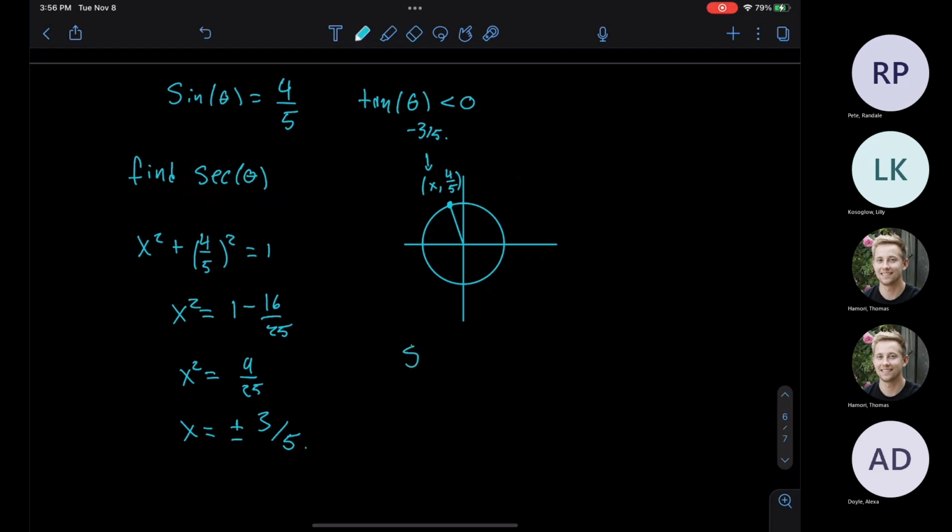What is secant of theta? One over x. Yeah, it's 1/x, or if you want, 1 over cosine of theta, which would be 1 divided by -3/5, which dividing by -3/5 is the same as multiplying by -5/3. So we would get -5/3.